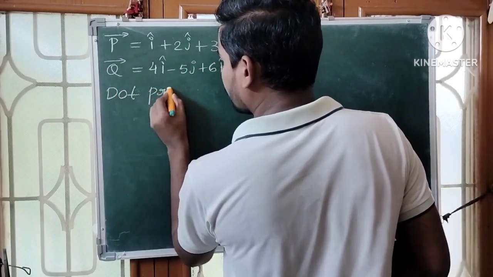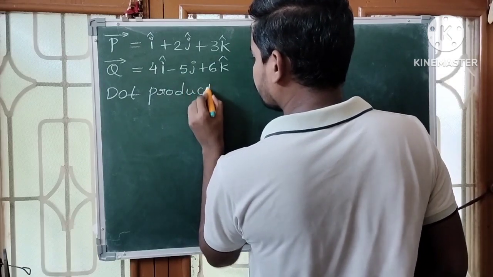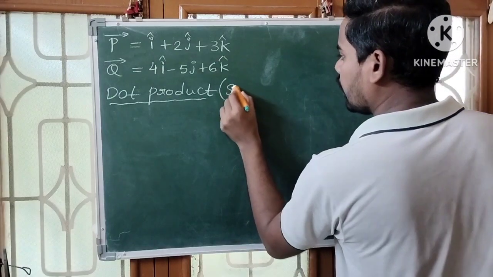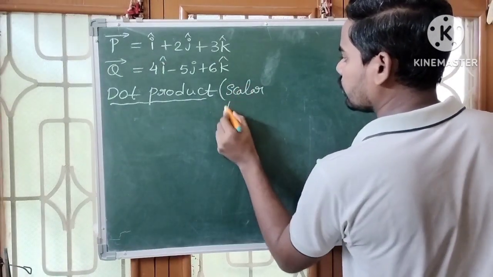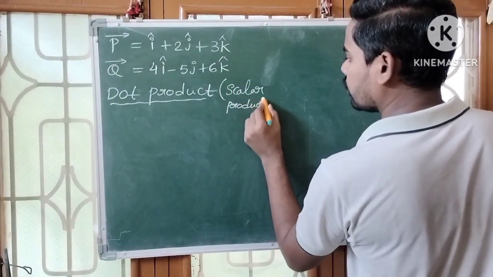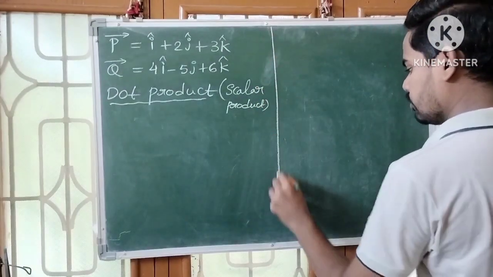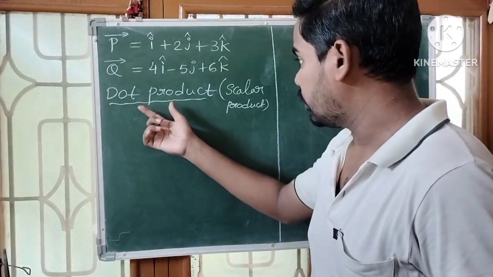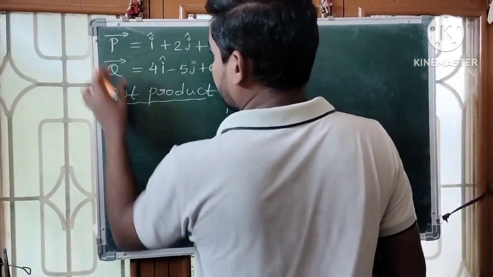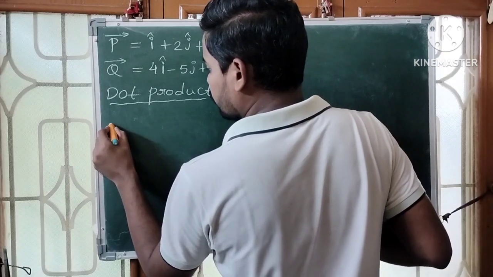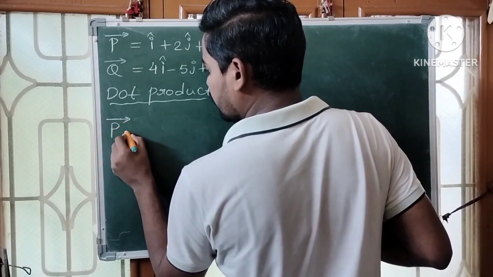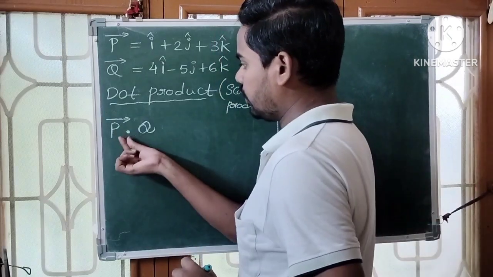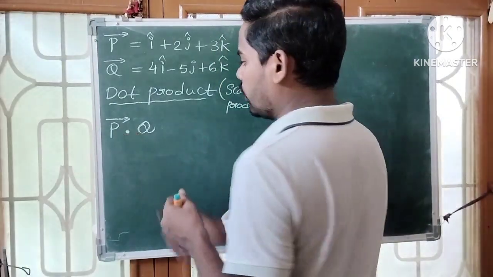So first, dot product is also known as scalar product. Dot product of vectors P and Q is denoted by P dot Q, where dot represents dot product.